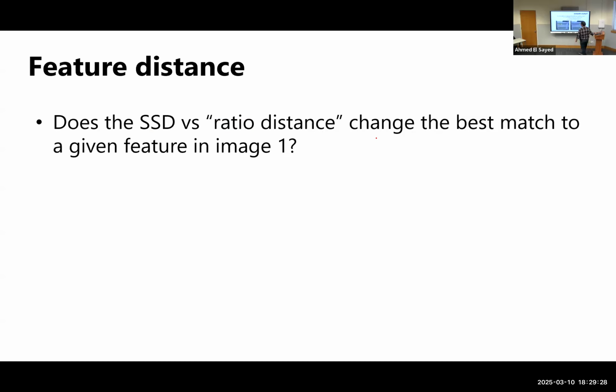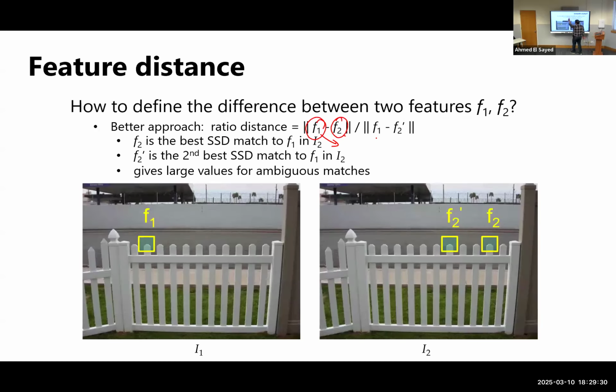So this ratio score is nothing but a ratio between the distance between F1 and the highest score and the second highest one. So it becomes ratio rather than just a number. Okay? So if there is a high match between this and this and this and this, the ratio will be 1. So it's almost the same.